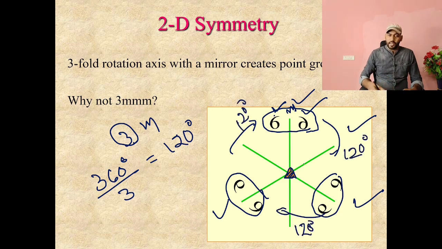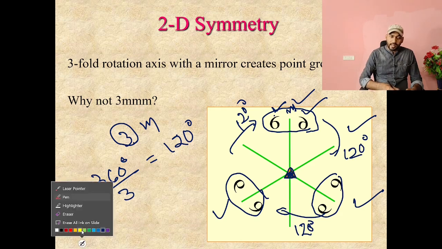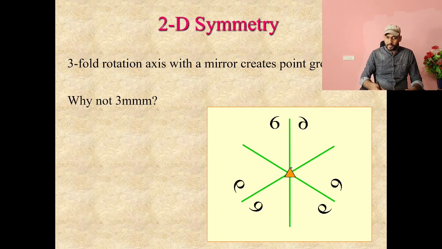So we started with one threefold rotation axis and one single mirror plane. Now we have three different mirrors, m1, m2, and m3.